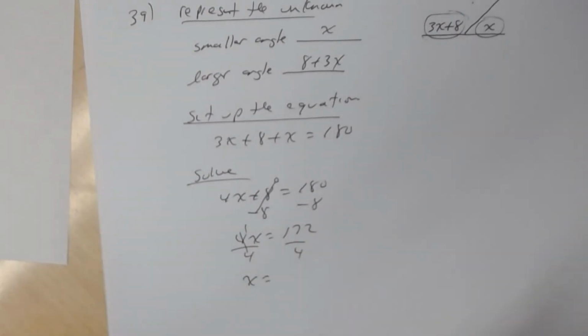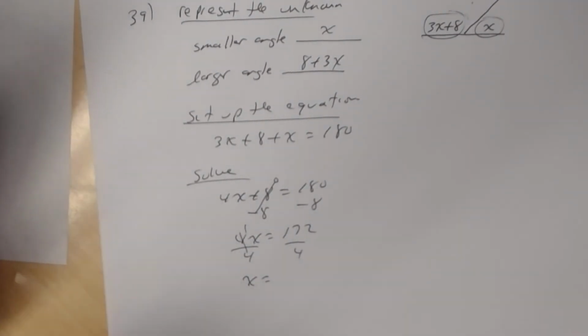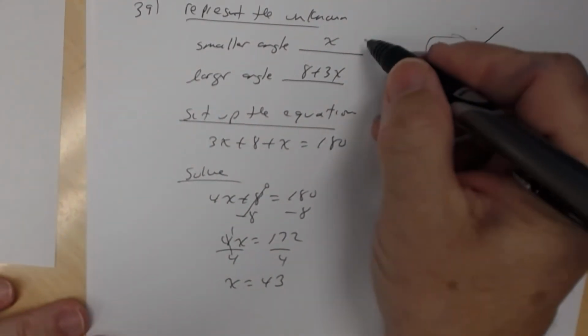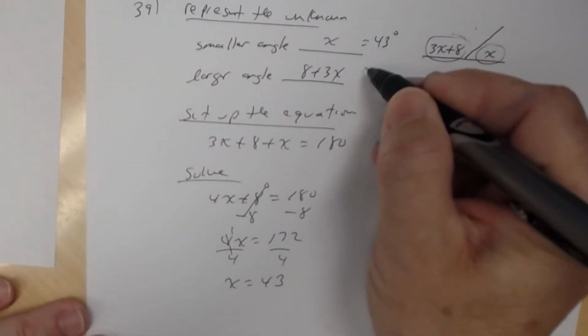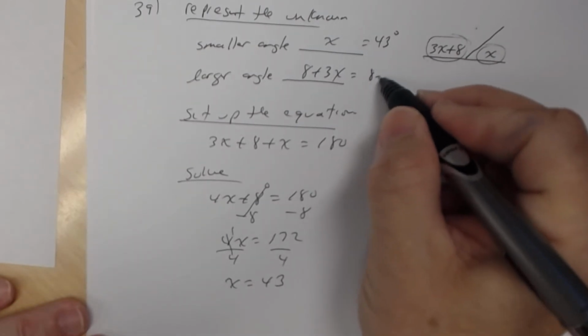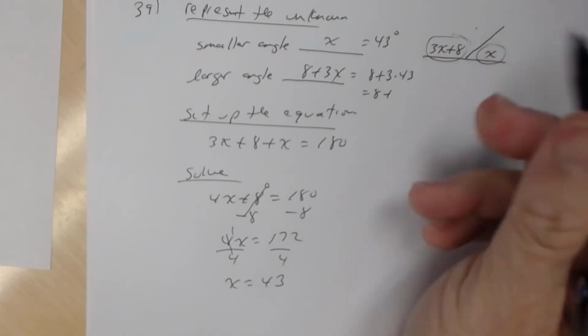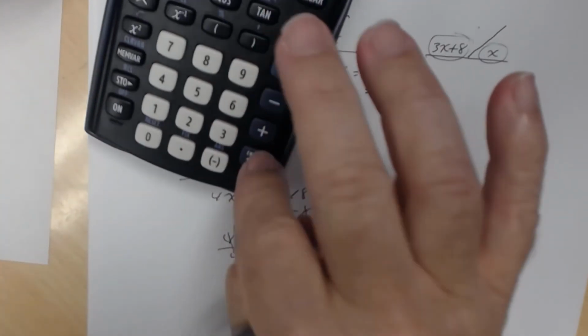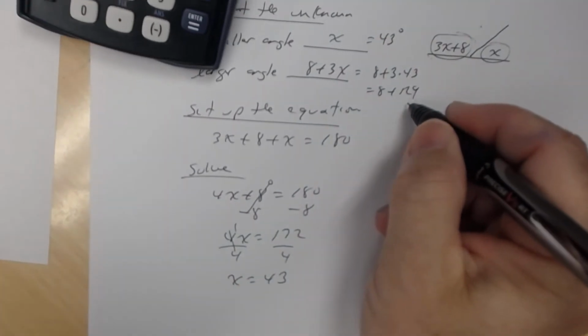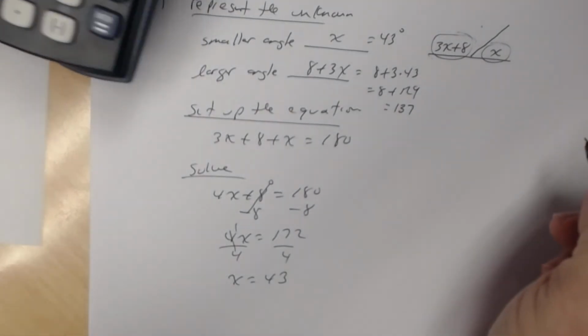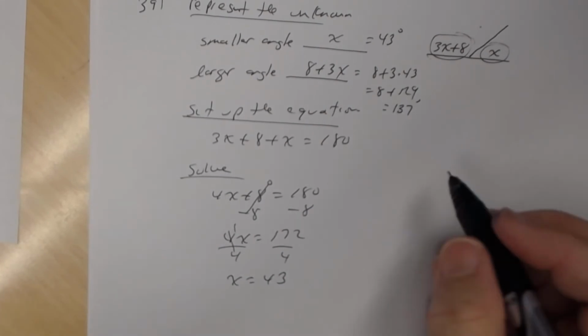I get x to be 172 divided by 4, which is 43. So the smaller angle is 43 degrees, and the larger would be 8 plus 3 times 43. 3 times 43 is 129, and 129 plus 8 is 137.